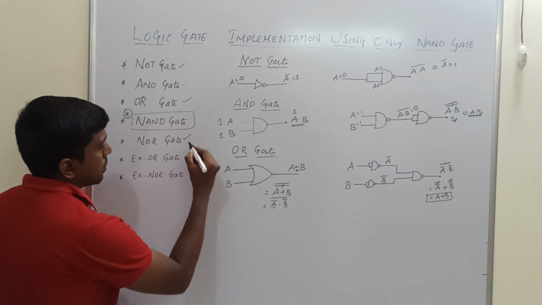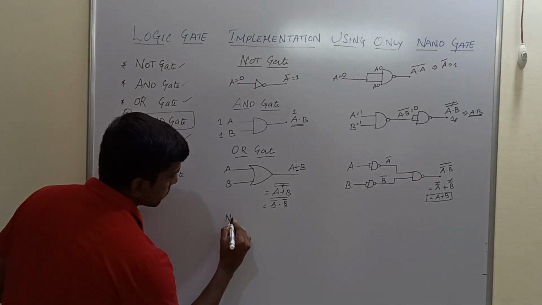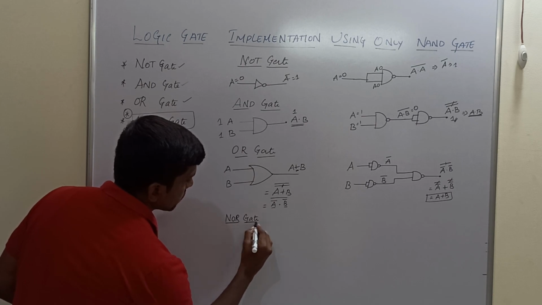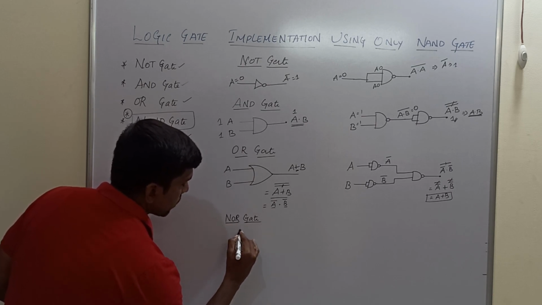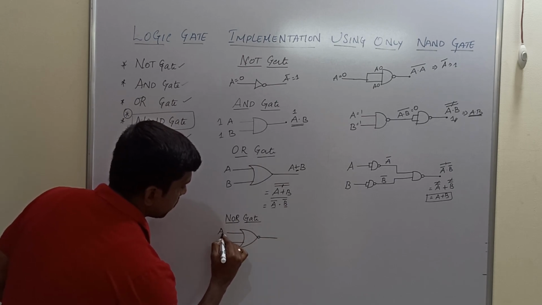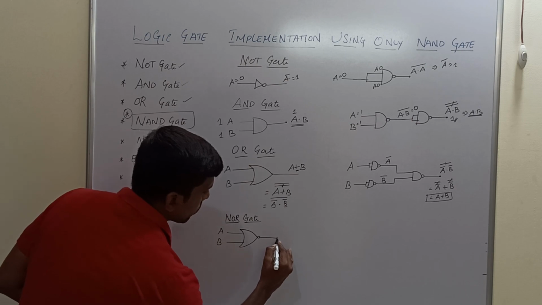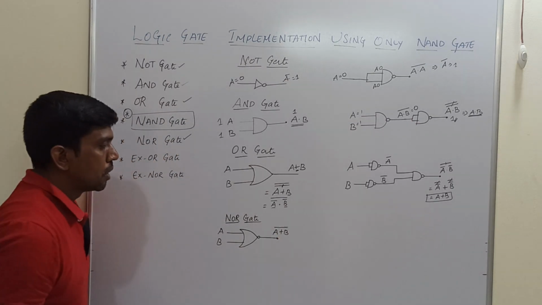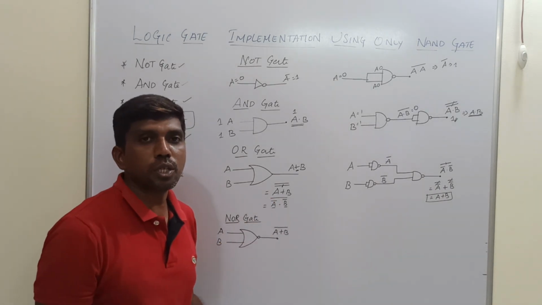So next one, NOR gate. First I draw the symbol of NOR gate. The inputs are A and B. Output of NOR gate is A plus B the whole bar. So this NOR gate is implemented using only NAND gate.